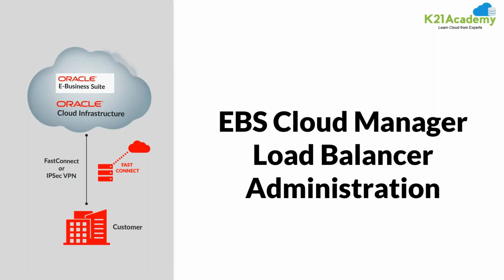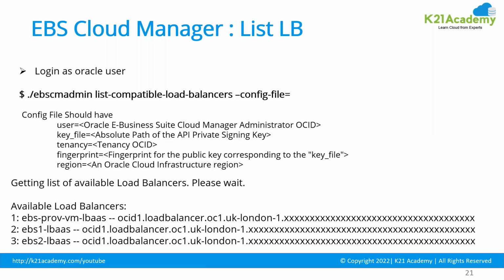Right. The load balancer administration. So this is going to deal with the load balancer which comes with the cloud manager, not the EBS instance cloud, the load balancer. So I can see the list of compatible load balancers there. What are the compatible load balancers which are available?